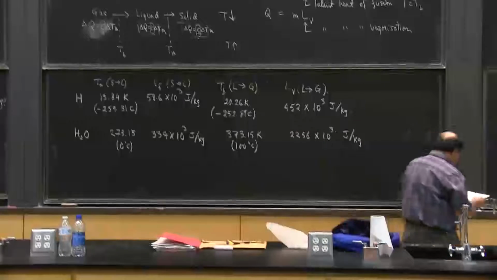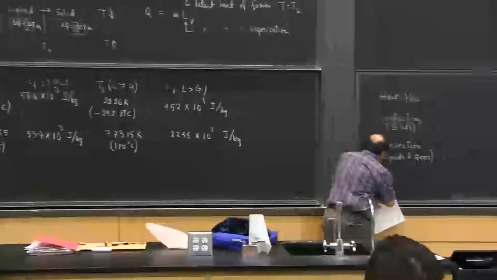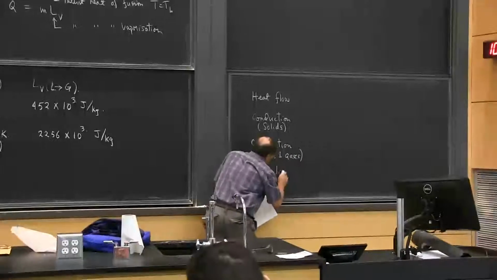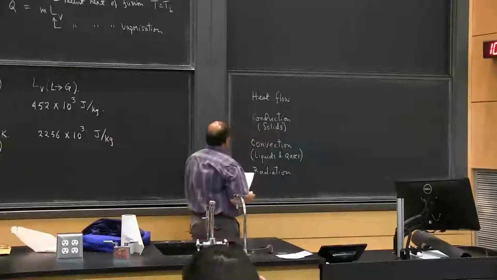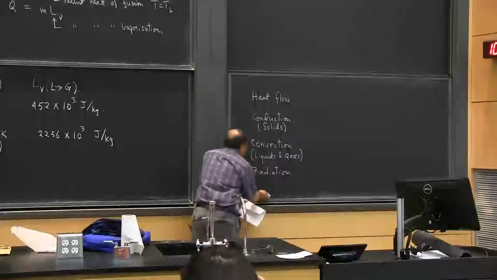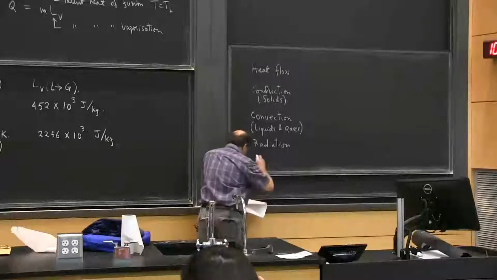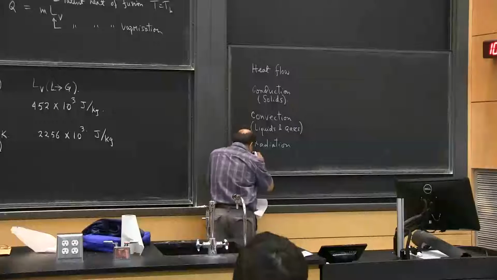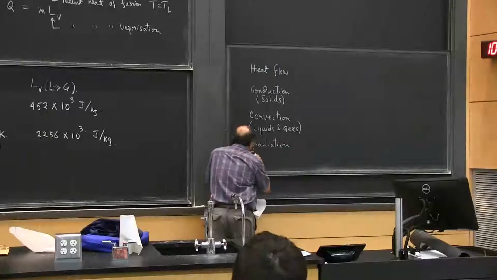The third one that I'll touch upon is also very important, and that's radiation. For example, solar radiation. We all know that solar radiation causes damage to human DNA, as well as skin and everything else. So radiation basically is something that occurs in all media. It also happens through vacuum.